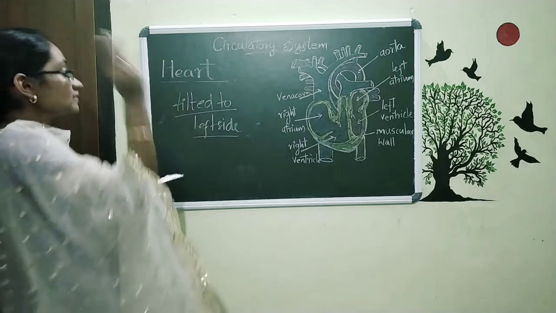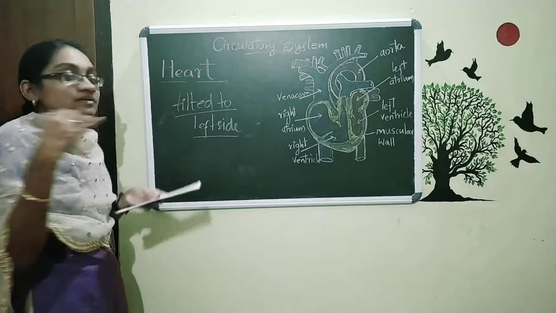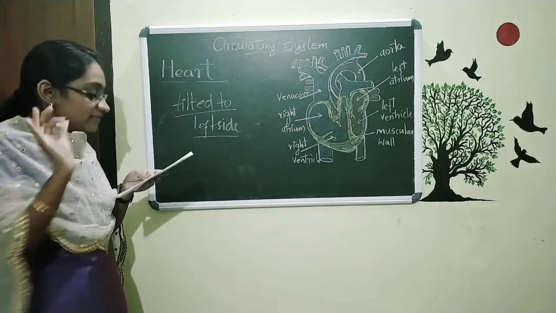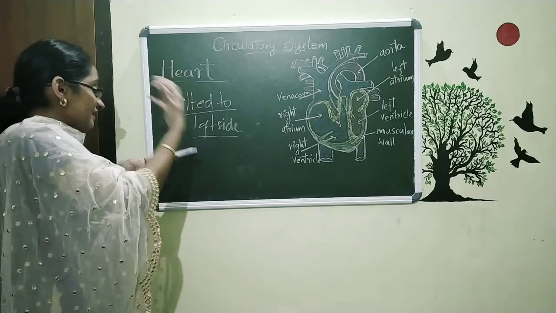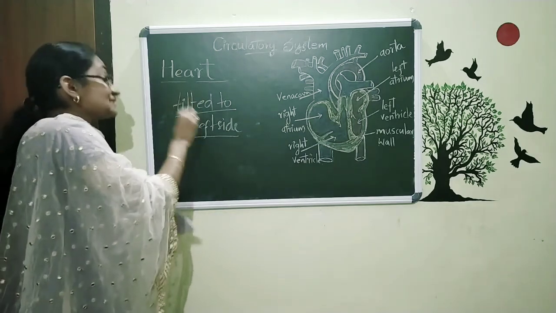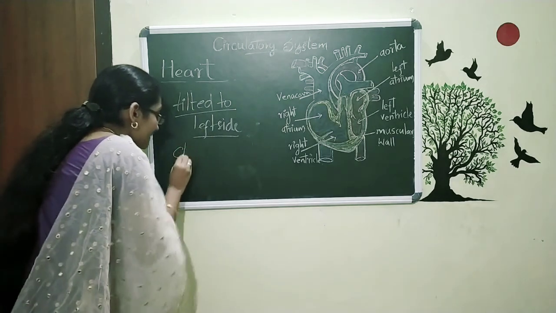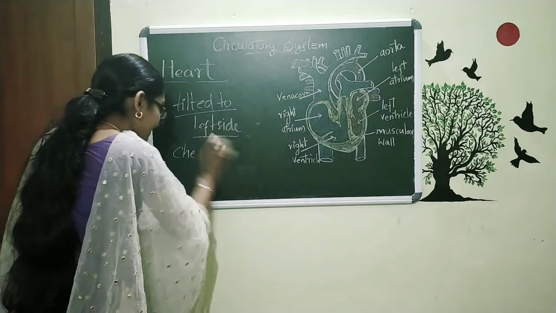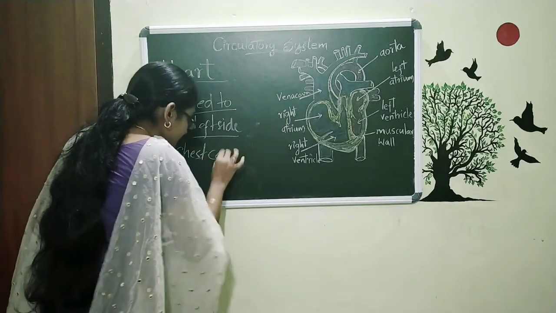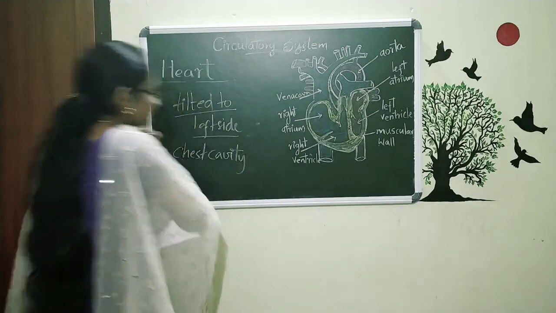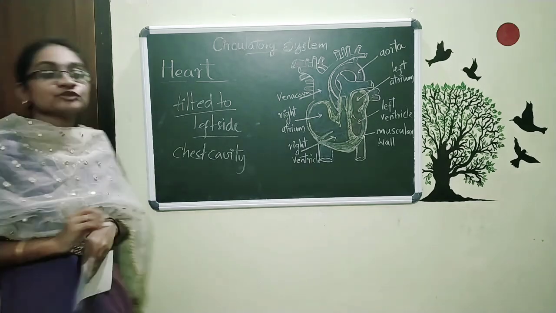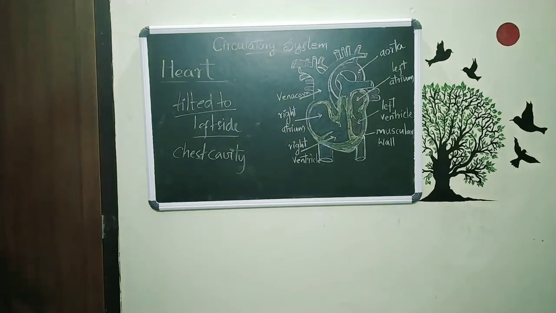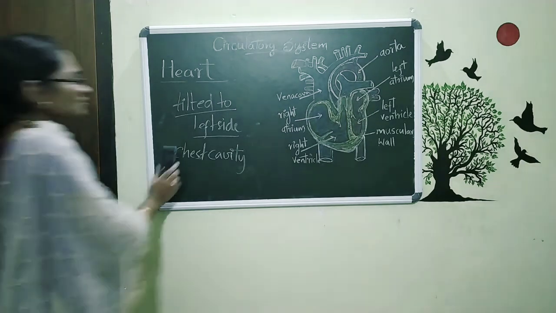We discussed what the heart is, and that it will work all through our life. Then we said that it is located between the lungs, in the chest cavity, and is tilted to the left side. Now, what is the size of this heart?